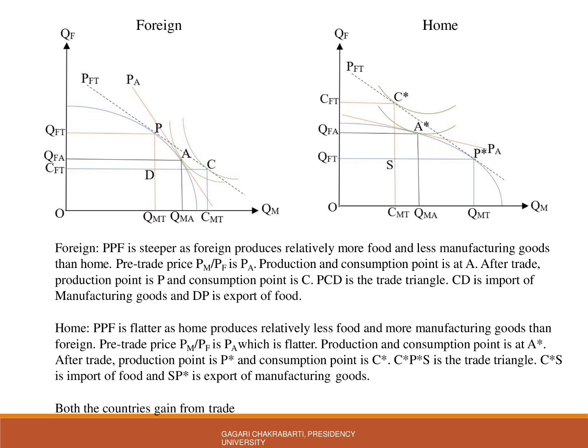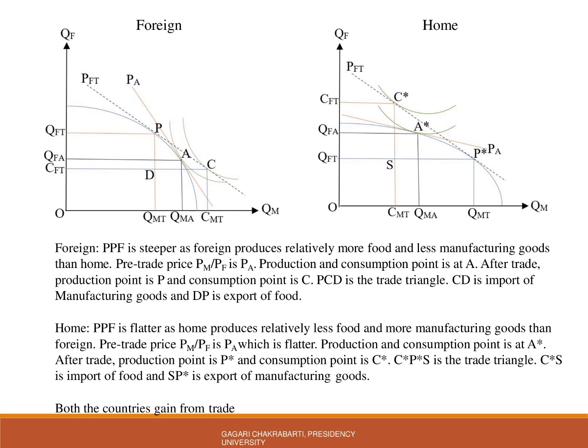C star S is the import of food and S P star is the export of manufacturing goods. So home country also benefits from trade because it consumes at a point which is lying on a higher indifference curve. So that is how we show how trade is taking place in the specific factor model.